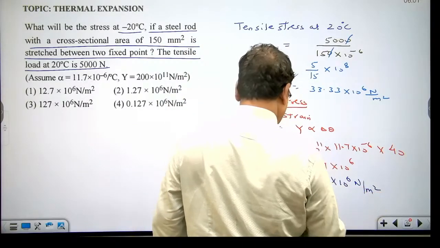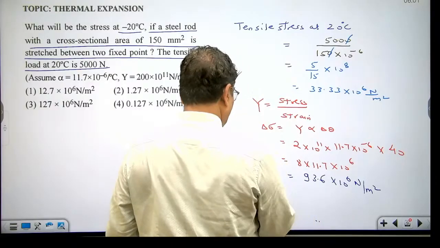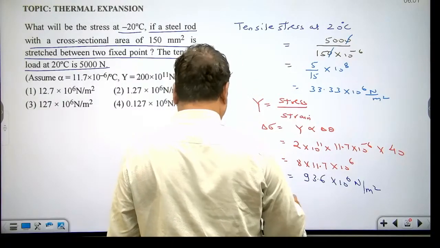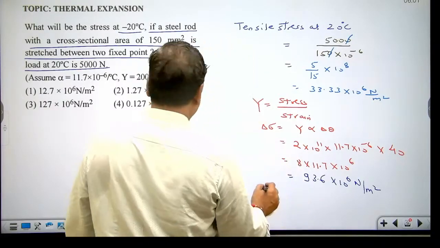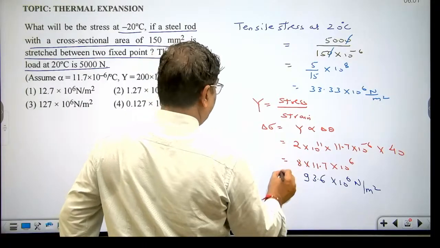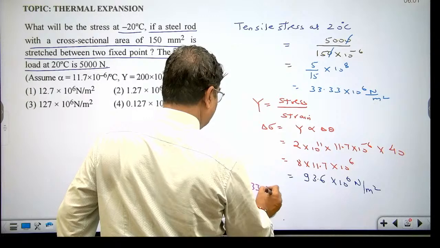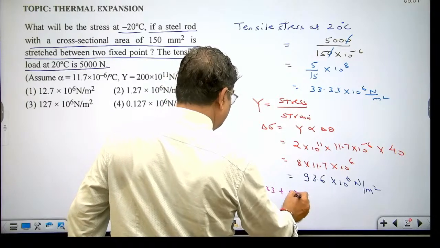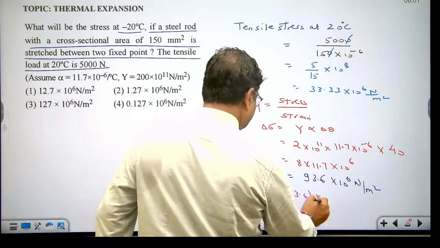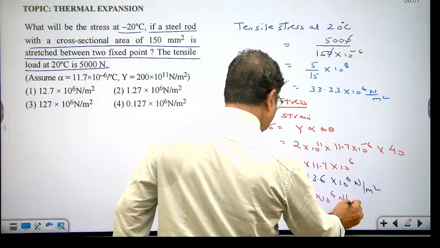Newton upon meter square. So the final stress at minus 20 degrees centigrade will be equal to initial 33.33 plus 93.6. This is the final stress.